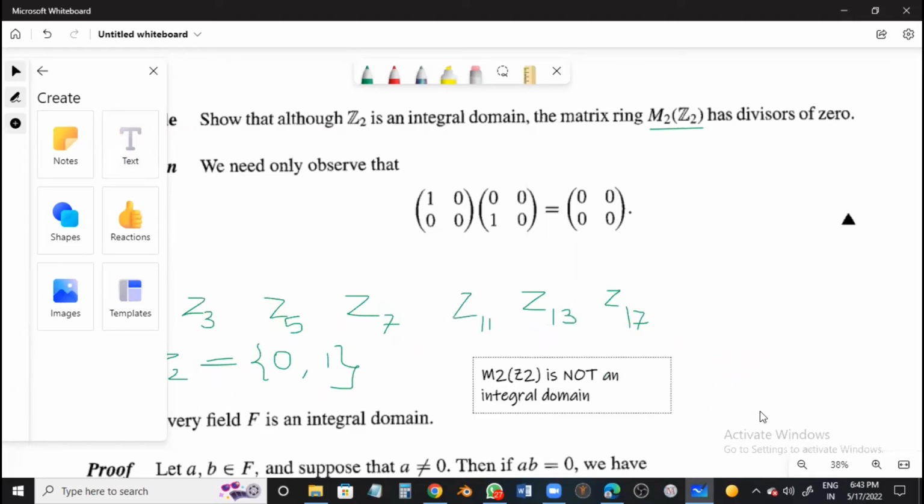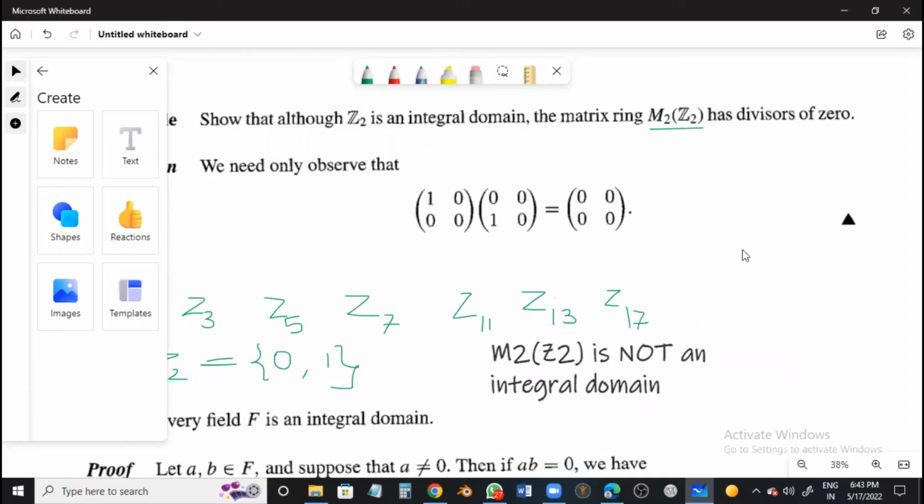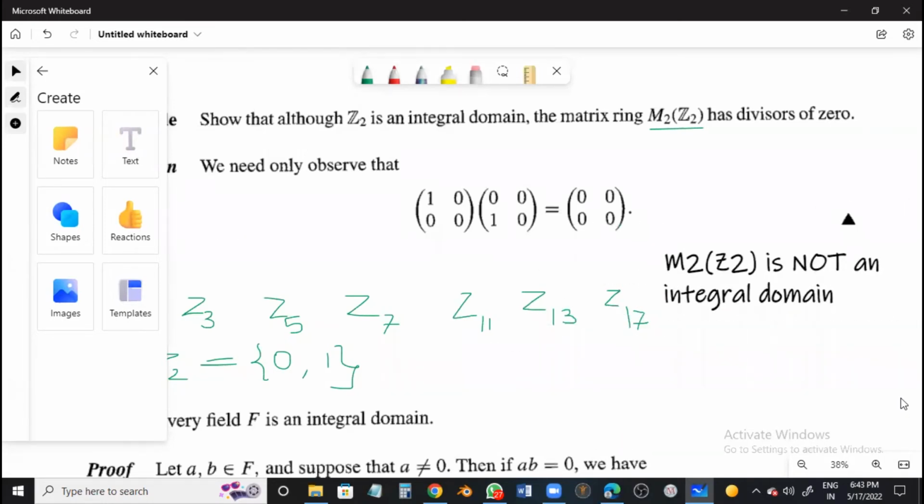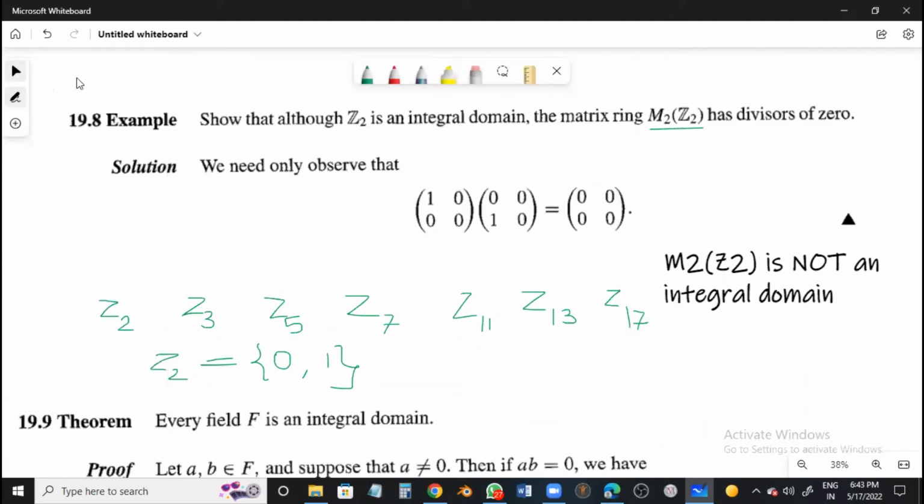Okay, so keep this in mind. M2Z2 is not an integral domain. It's very important. And I would like to go back to your question.